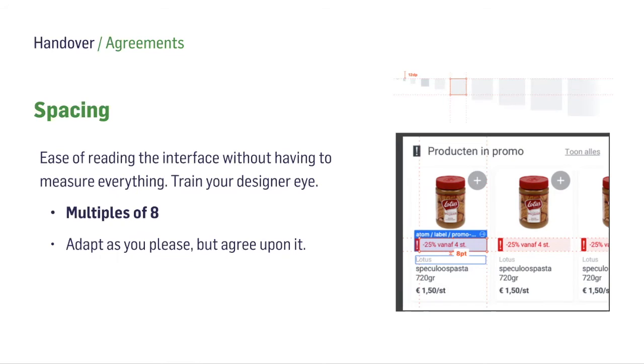On the other hand, the developer doesn't have to really measure every single thing. They can just look at your design at a certain point and have the designer mindset in there, like, I know this is 8. I don't have to measure everything. It's so much easier for both of you to work like that.